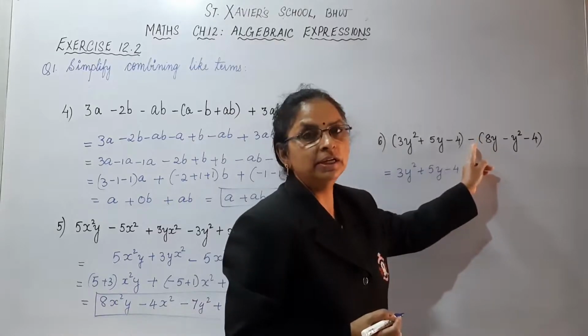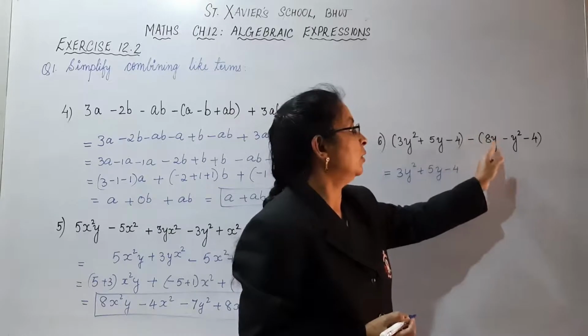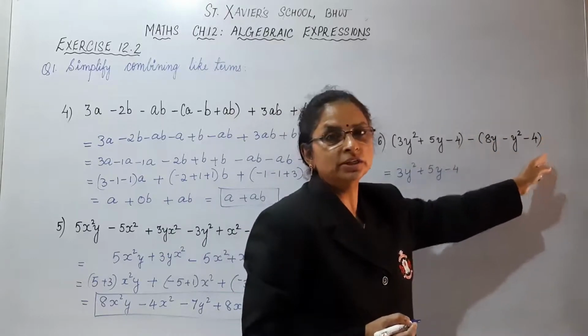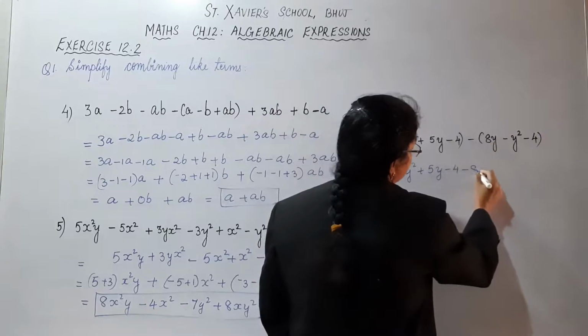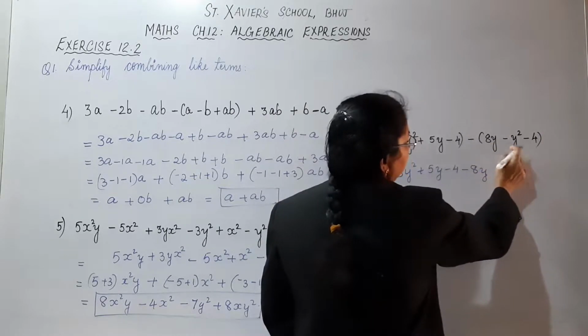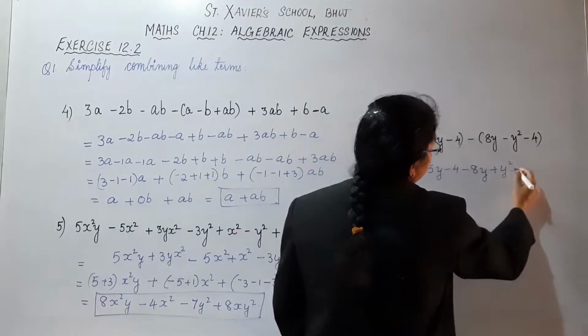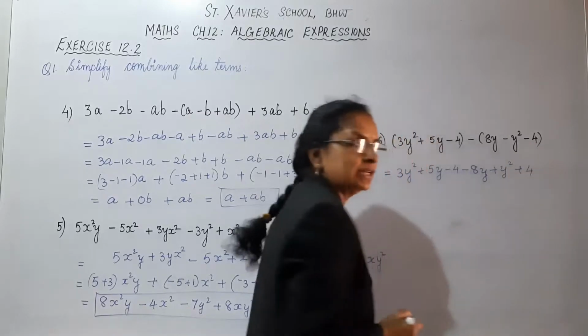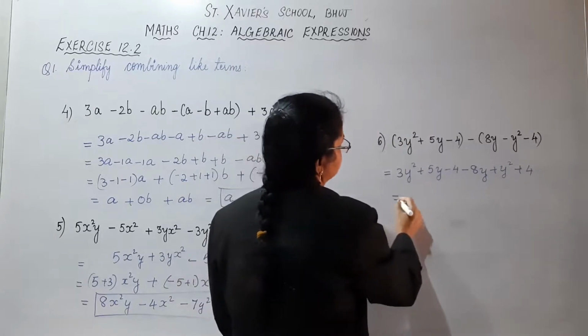Which sign is there? Negative. If the negative sign is outside, then all the terms' signs will change. Now tell me, 8y becomes minus 8y, minus y square becomes plus y square, minus 4 becomes plus 4. Is it clear?